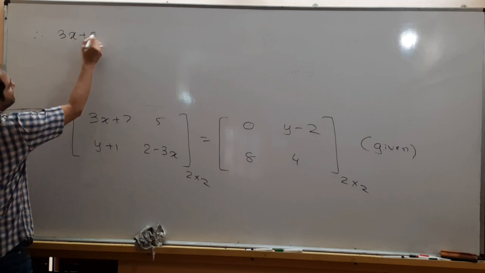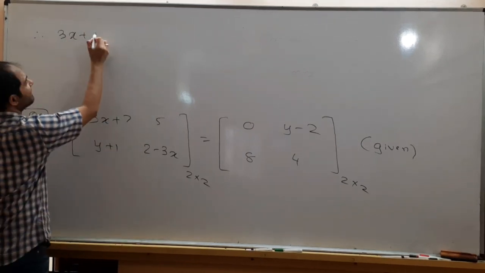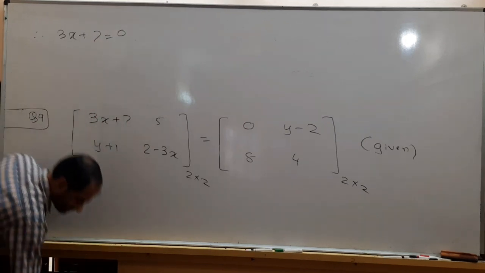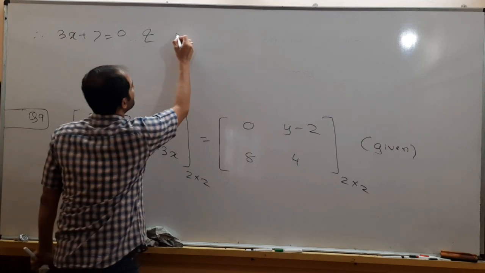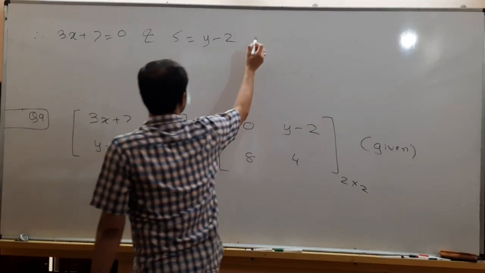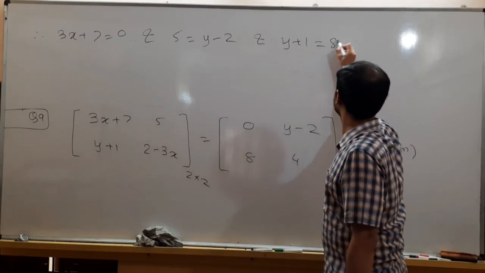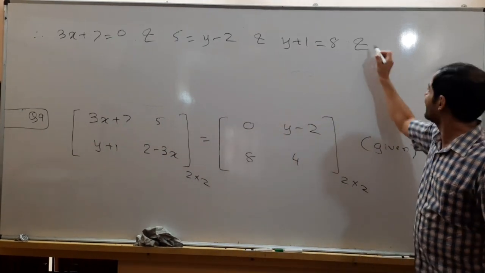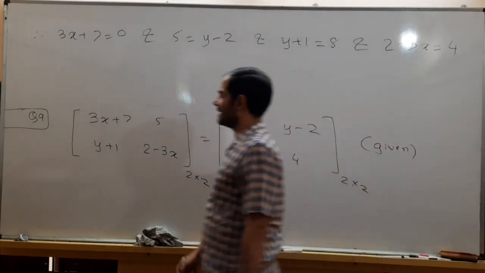So 3x plus 7 is 0, and 5 is equal to y minus 2, and y plus 1 is 8, and 2 minus 3x is 4.